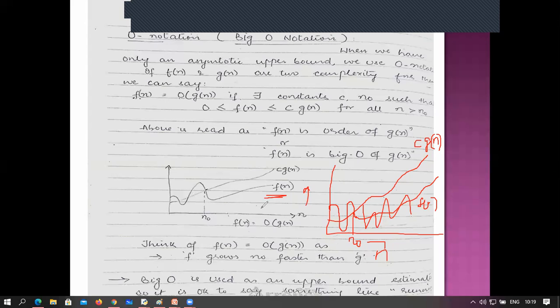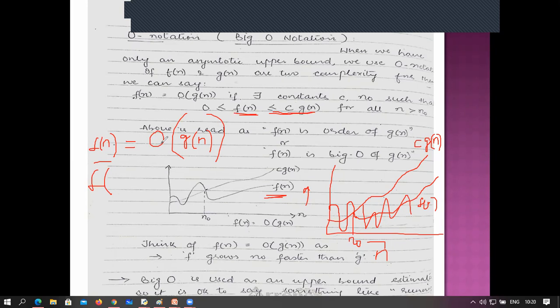Okay. Now what I want to say, if you are having two functions, suppose you are having two functions fn and gn that is given to you, you will say that fn is big O of gn. How can you say? Whenever value of fn is always lesser than equal to cgn.